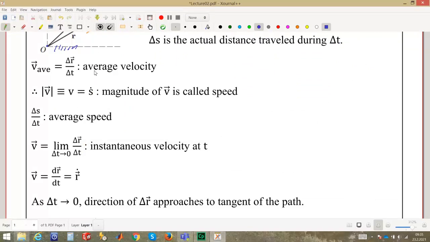So we get this average velocity, and as we have already talked about, this is a vector now. And the type of derivations that we are doing are vector derivations. So this is delta r vector. We have this written in bold letters.